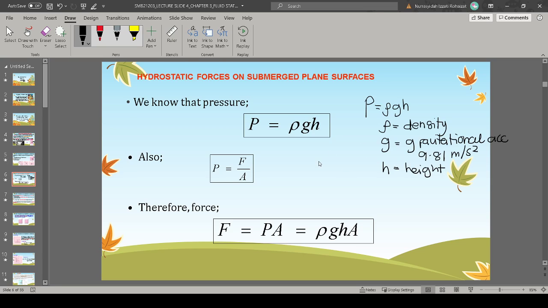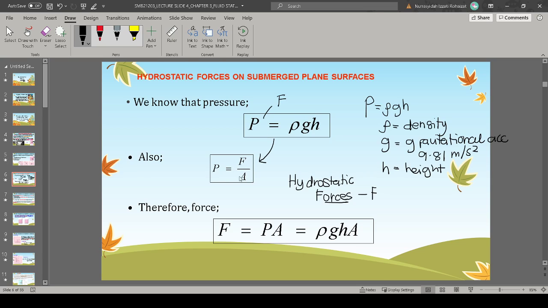So we were talking about hydrostatic forces. This is force, so it's F. This is pressure. How do we get force from pressure? We can do that by looking at another popular equation for stress or pressure: P equals force over area.